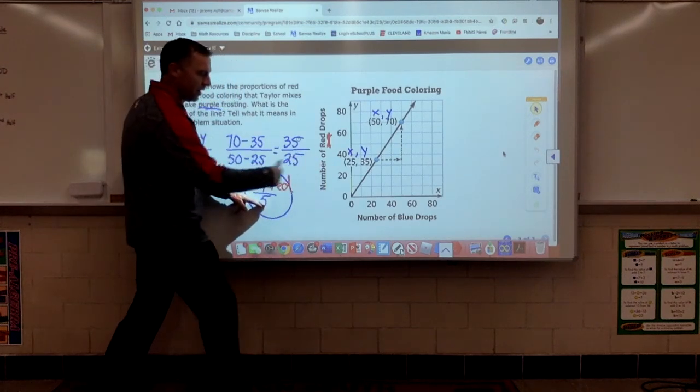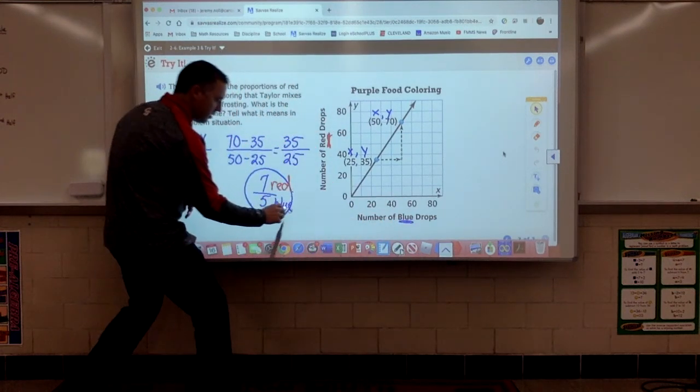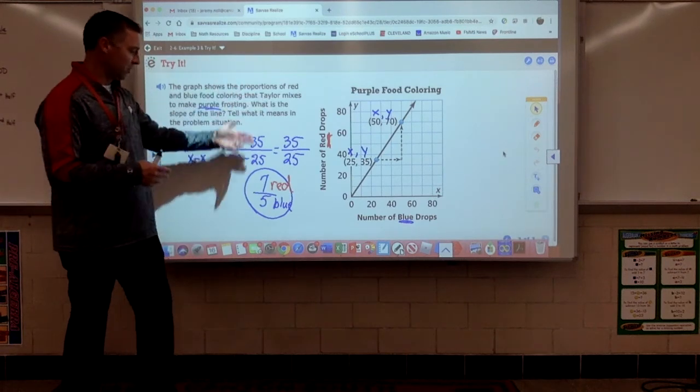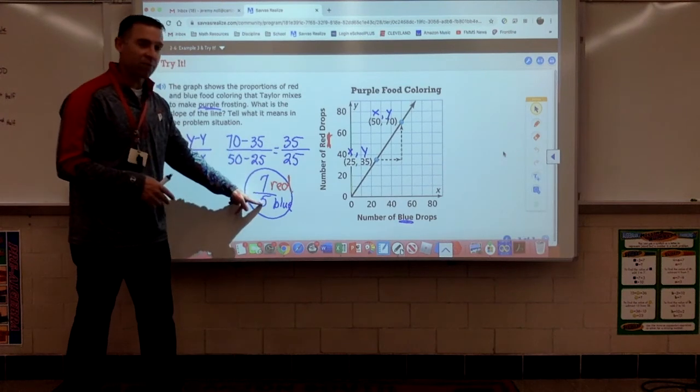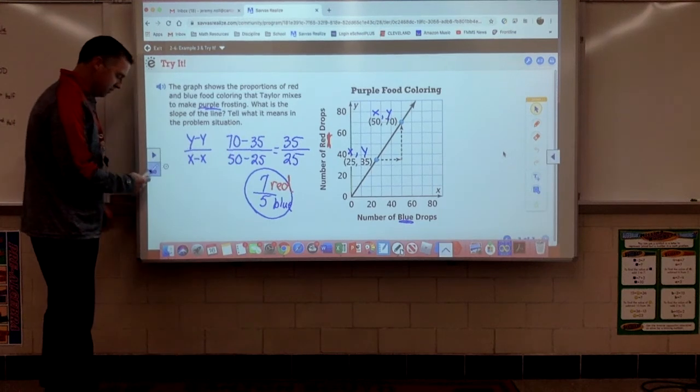Our 5 is our run, every 5 blue drops. So to make purple frosting, you're going to put 7 red drops of food coloring in there for every 5 blue ones.